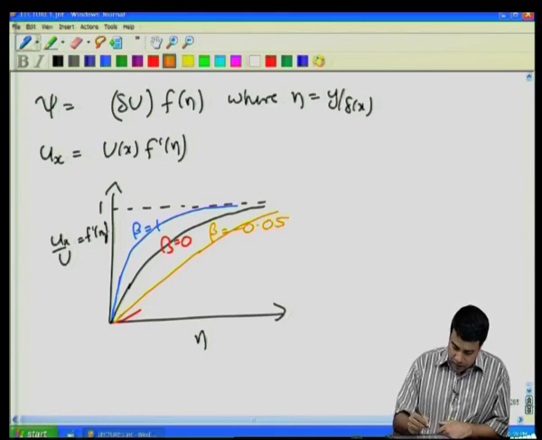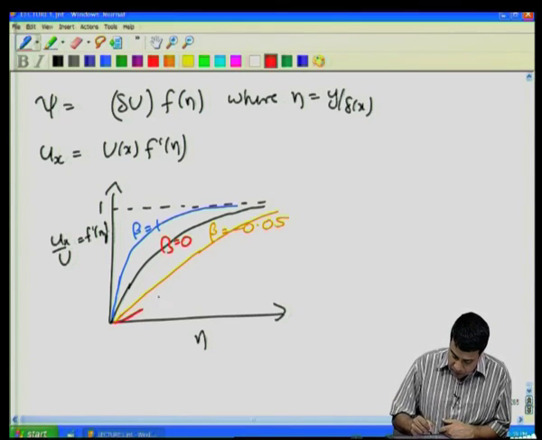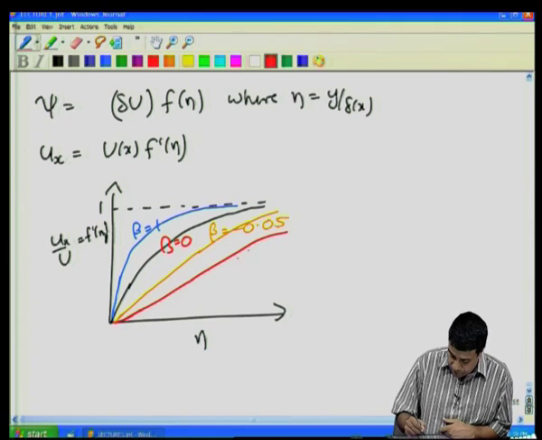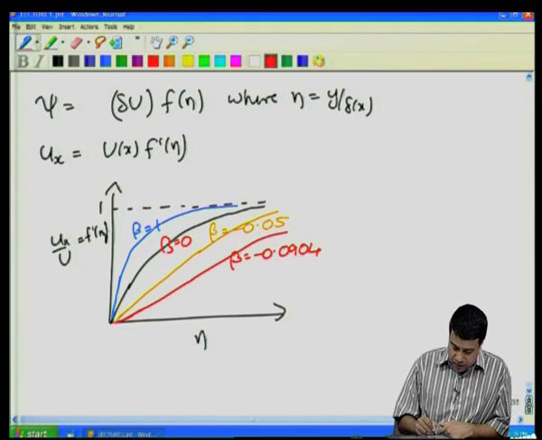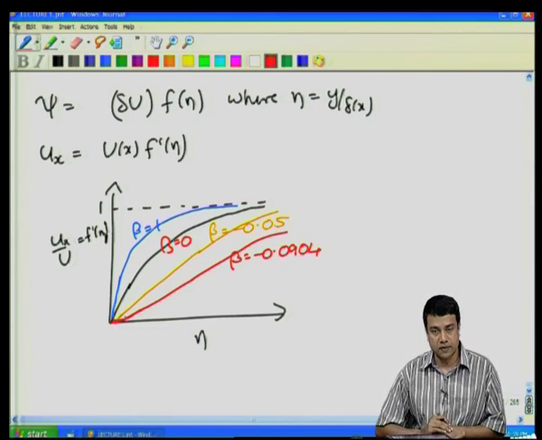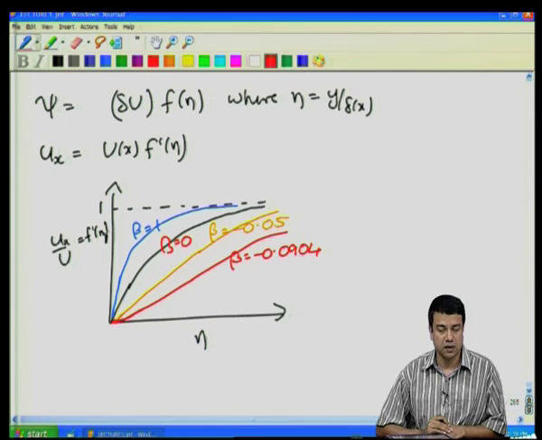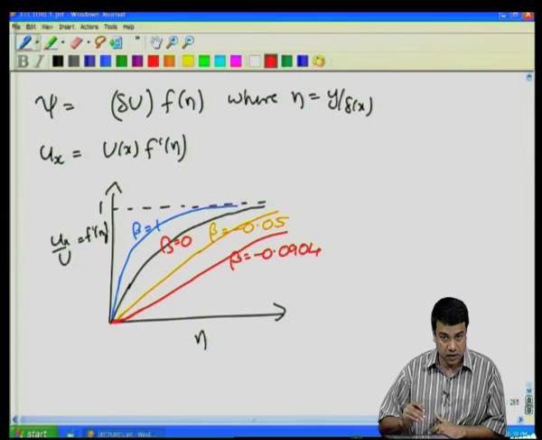And you reach a point where beta is equal to minus 0.0904, where the slope of this curve at the origin is equal to 0. That means that the derivative of the velocity with respect to the y coordinate is equal to 0 at that point. When that derivative is equal to 0, the shear stress is equal to 0, because tau xy is equal to mu times dux by dy. And at that point, the slope is 0 at the origin.